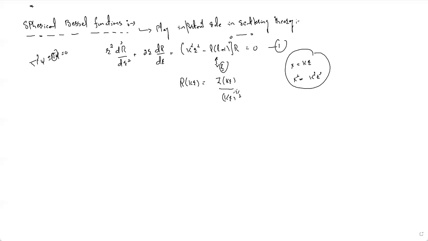Then the equation will be written as r square d2Z by dr2 plus r dZ by dr plus (k square r square minus (l plus 1 by 2) whole square) Z will be equal to 0.